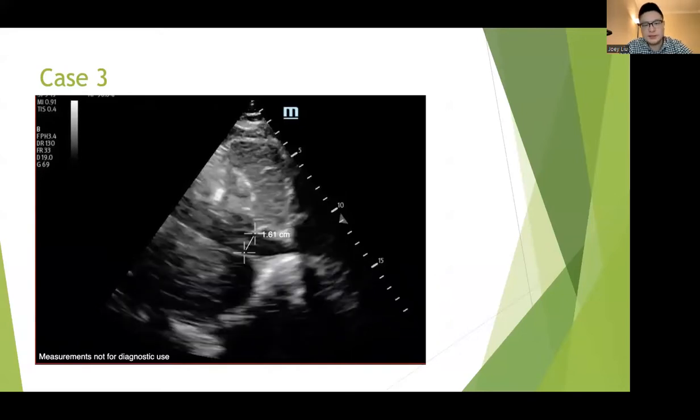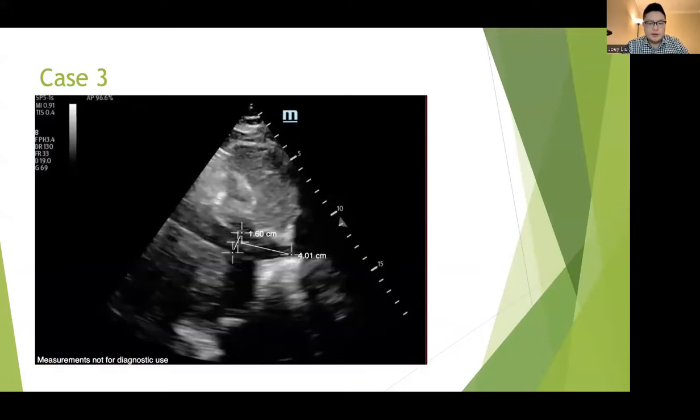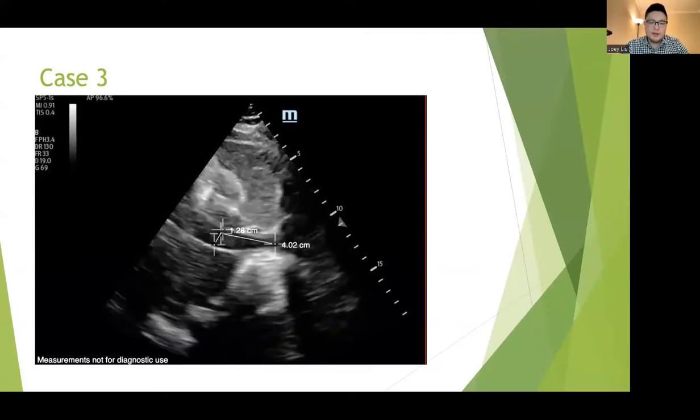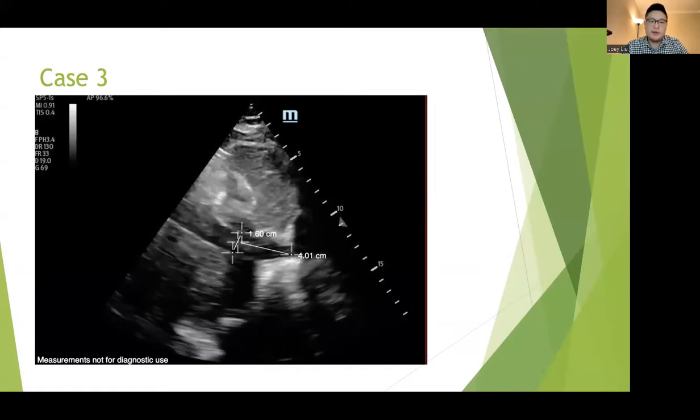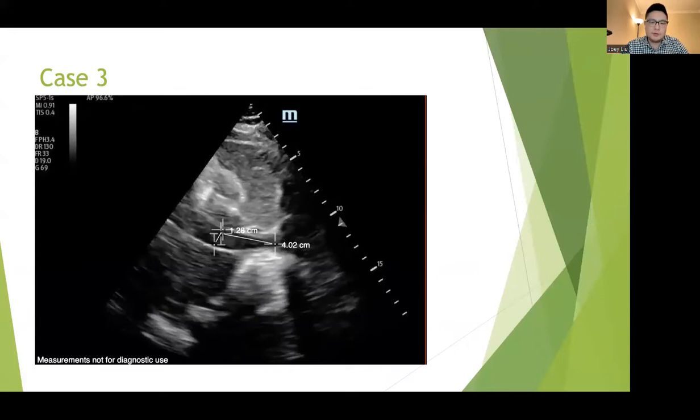And the 1.6 centimeter measurement really suggests, if we go back to the ASE criteria, which I talked about in the beginning of the presentation, that it's not a significantly enlarged IVC either. However, if we took the measurements for the modified collapsibility index, 4 centimeters from the junction, the variation or collapsibility really wasn't as impressive as the previous location of measurement.